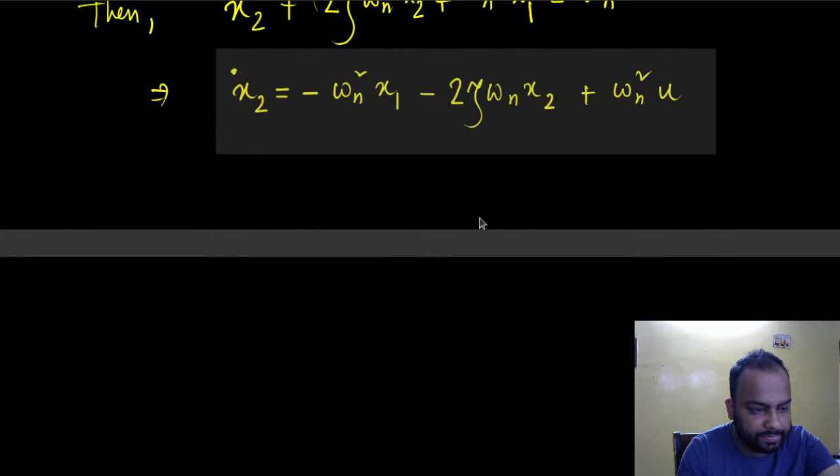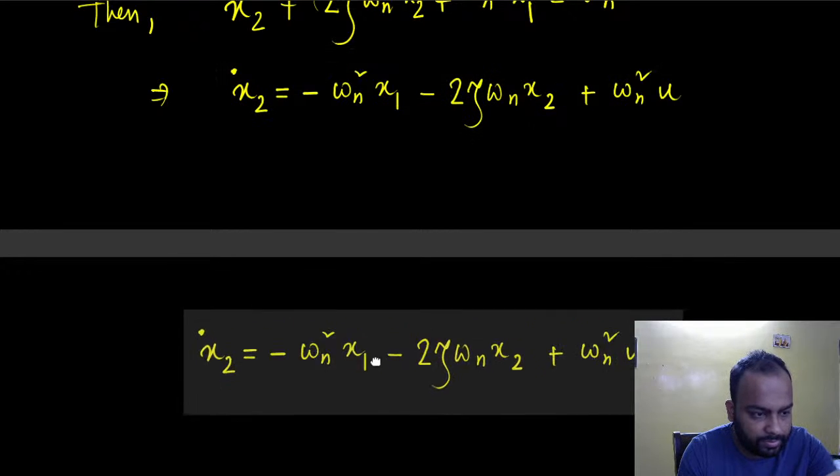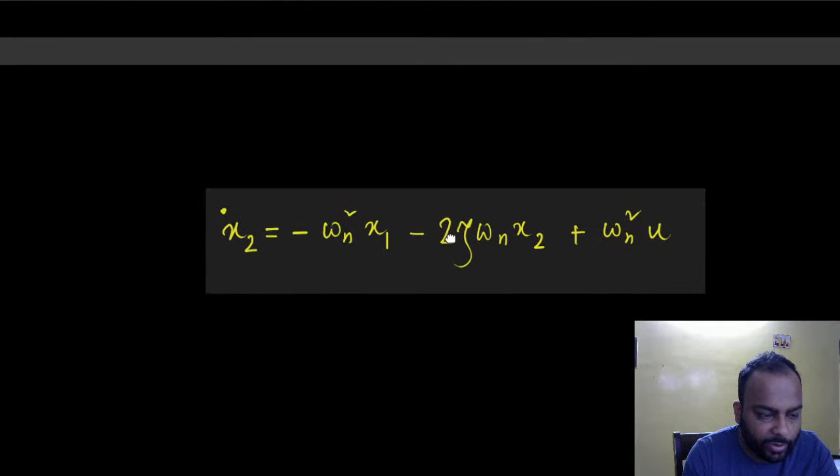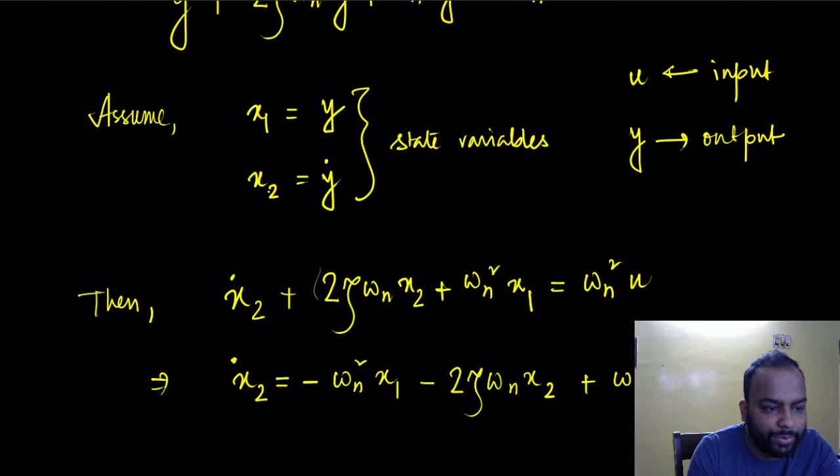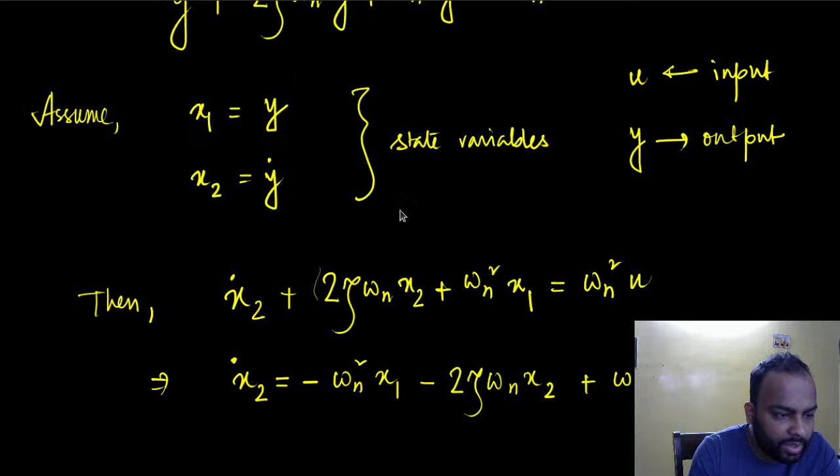Let's copy this. That's one of the differential equations. And what is the other one? Of course, x1 dot. We already know that y dot is nothing but x1 dot, because y is x1.